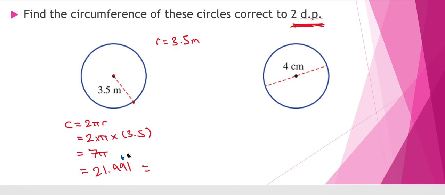Now, you can think of it like, because I'm working with the second decimal place, my maximum is 99. I can't really write 100 anywhere. Okay. So it's like that. Because this rounds down, my final answer will just be 21.99.